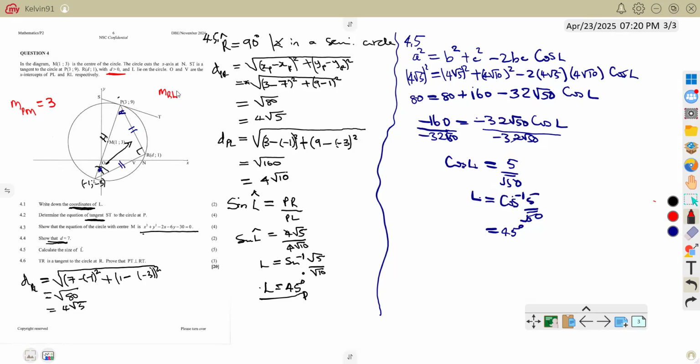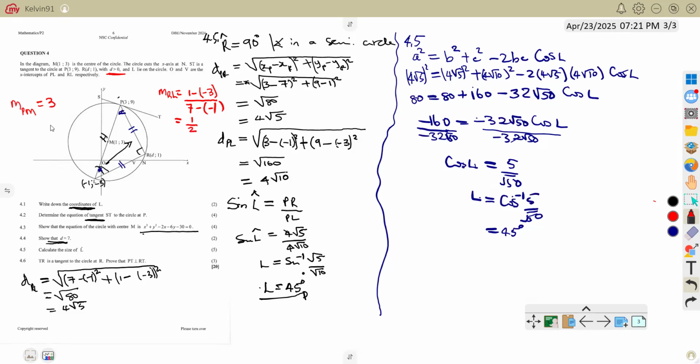It's gonna be 1 minus 3 using the gradient formula, all over 7 minus 1. Then the final answer here, we are going to get 4 divided by 8, which is half.